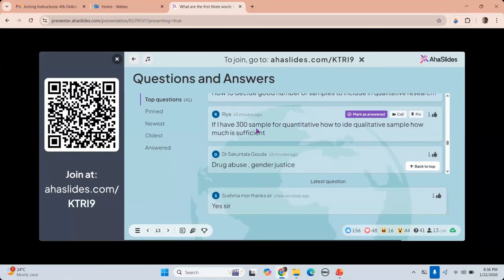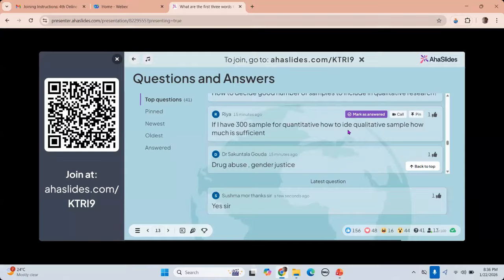If I have a 300 sample for quantitative, how do I decide the qualitative sampling, how much is sufficient? If you have a quantitative sample of 300, the purpose of the qualitative study is to understand, like grounded theory or phenomenology or case study.